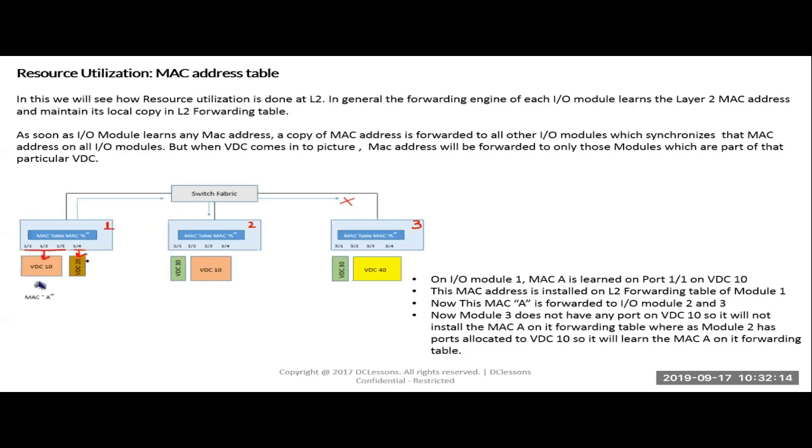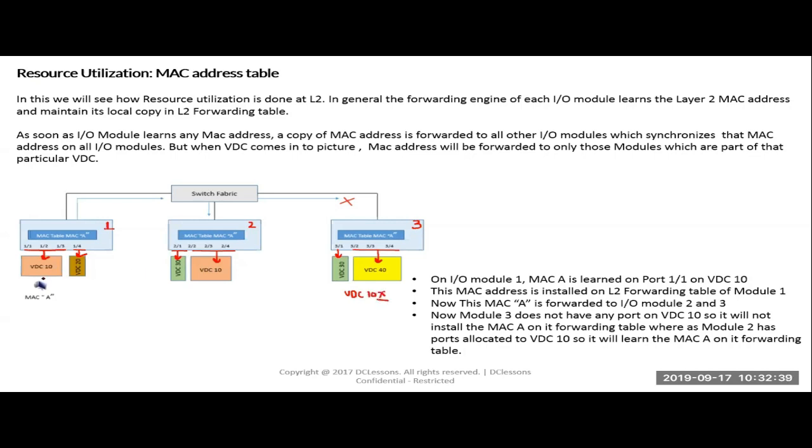So on module 1 the ports are allocated to VDC 10 and VDC 20. On module 2 one port is allocated to VDC 30 and the rest of the ports to VDC 10. On module 3 one port is allocated to VDC 30 and the rest of the ports to VDC 40. So here VDC 10 is not available.